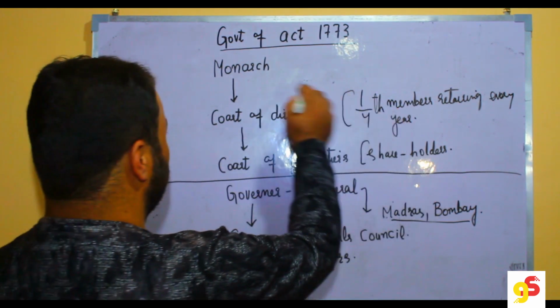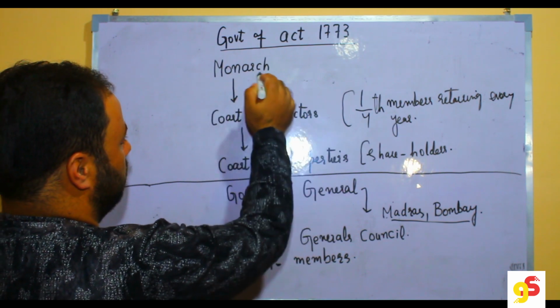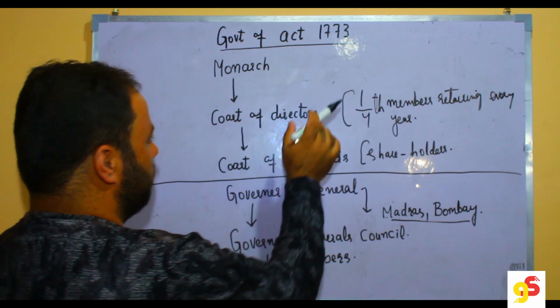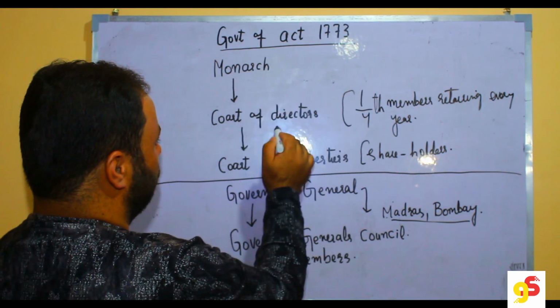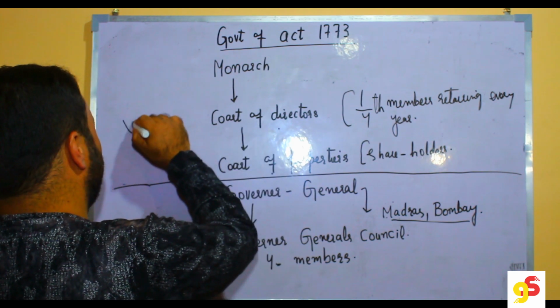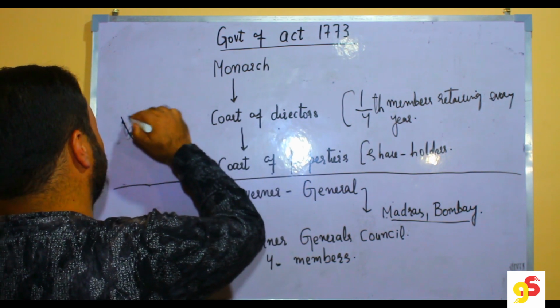So all we know about the structure, it was like this. There used to be the monarch, which we read in the previous video, and then the court of directors and the court of proprietors. This system used to prevail in England.